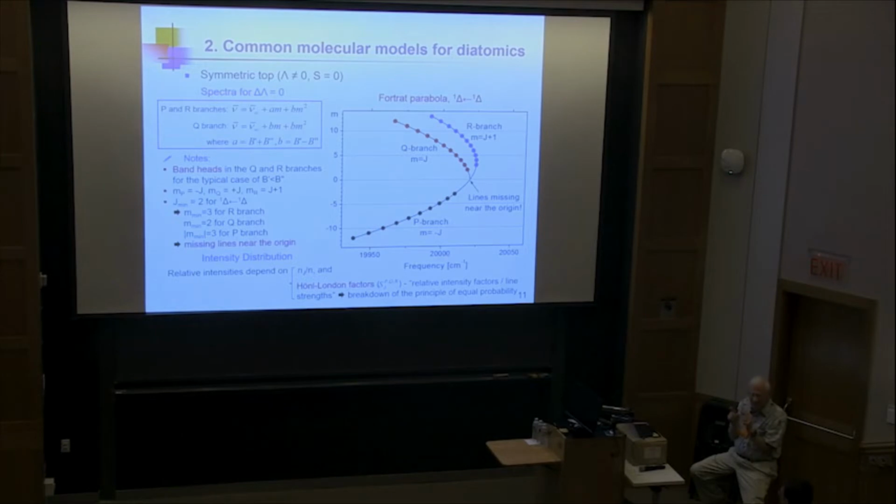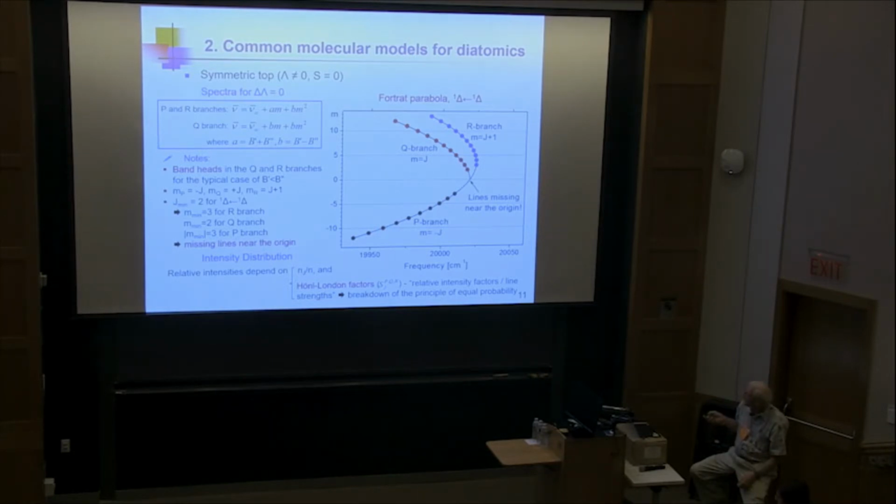Well, they're not exactly equal, but they're close. So the Hönl-London factors represent the relative propensity between P, Q, and R as a function of J. It's a correction factor, but we need it.